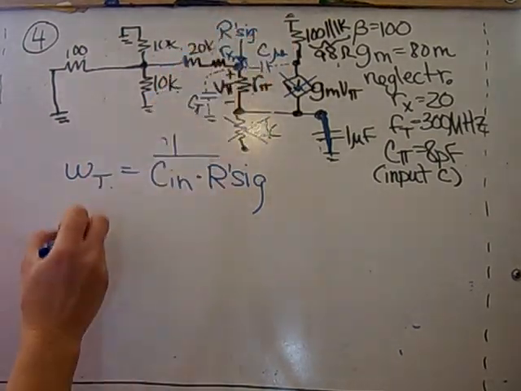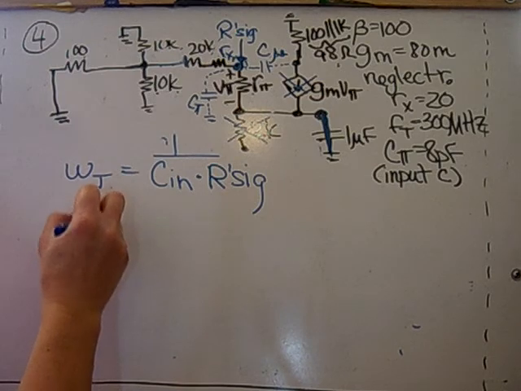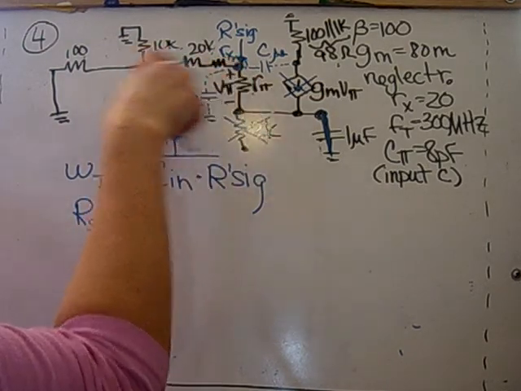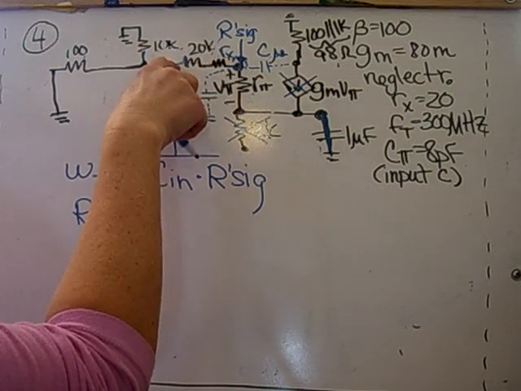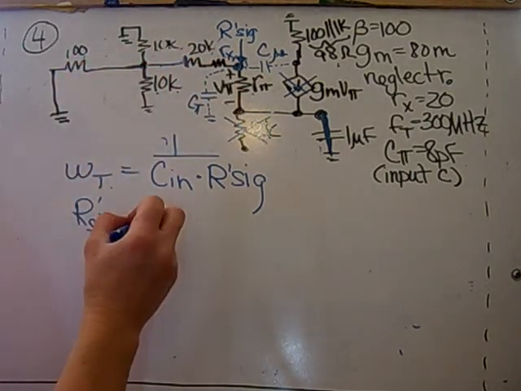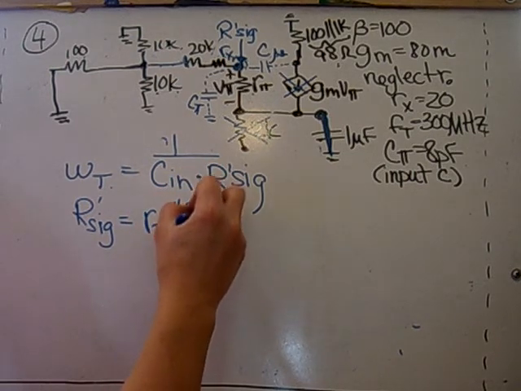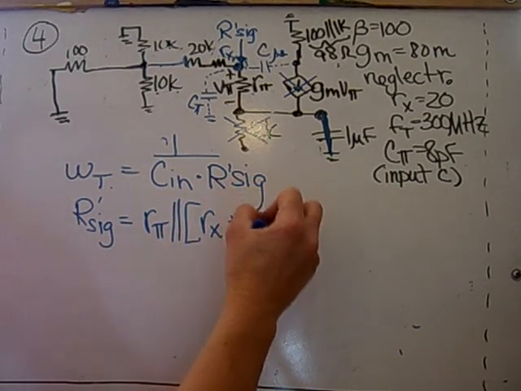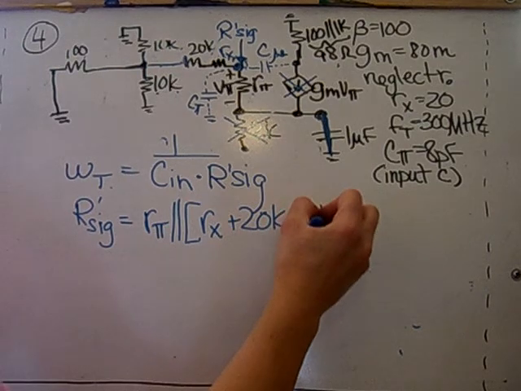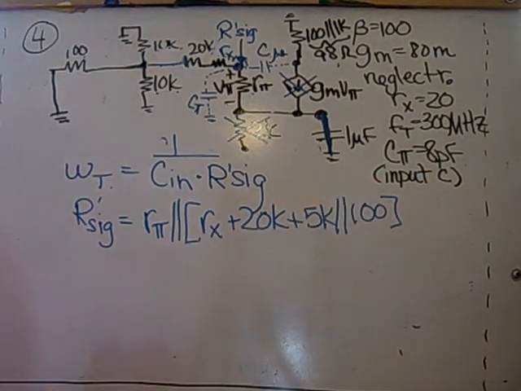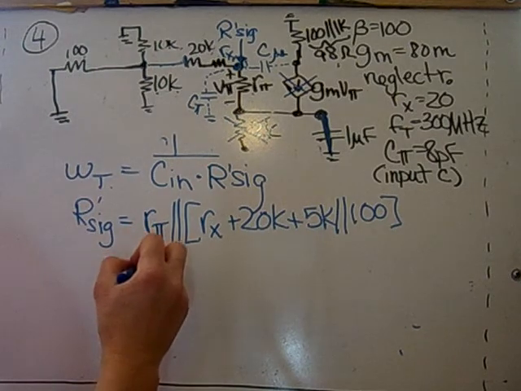So R prime sig is going to be R pi in parallel with this, which is Rx plus 20K plus those 3 in parallel. So that gives an R prime sig of 1.2K.